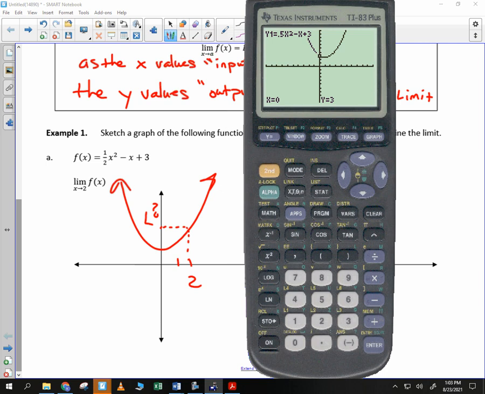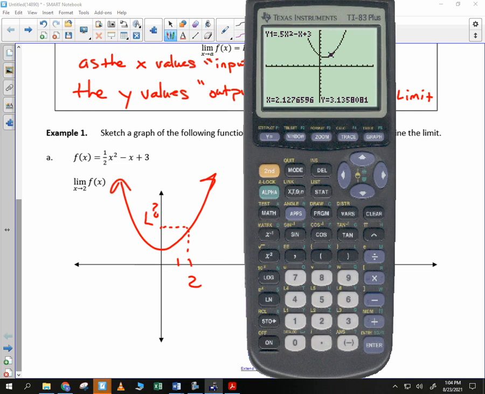Let's move towards 2. Look at the y values as I'm moving towards 2 for x. Here I'm getting close. I'm at x value 1.9. Here I'm at 2.9. I move past 2.3, 3.3. If I move back down one, I've got 2.1, 3.1. Anybody want to guess what the y value is? Probably 3. Yeah. That's a graphical look.